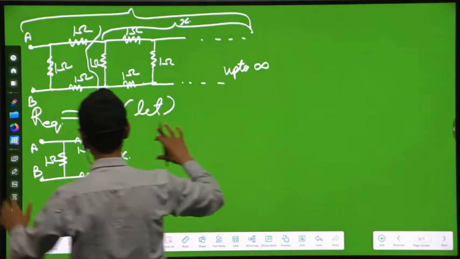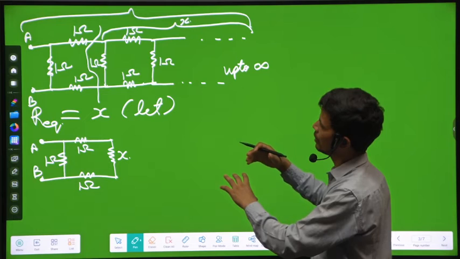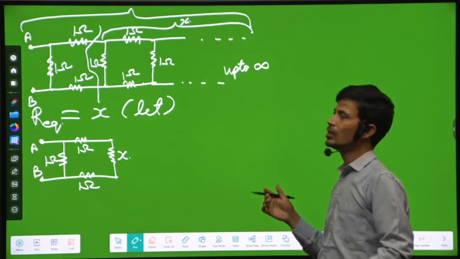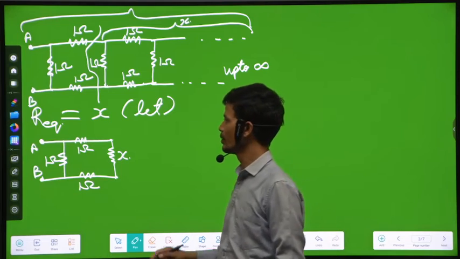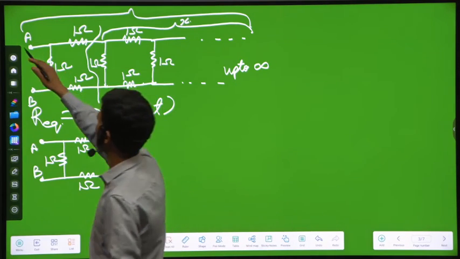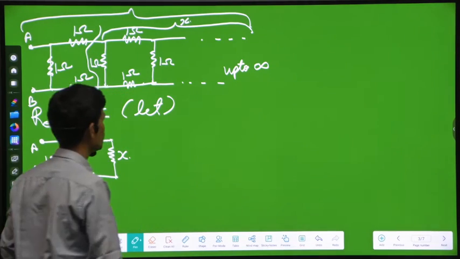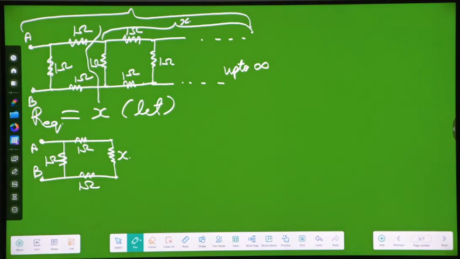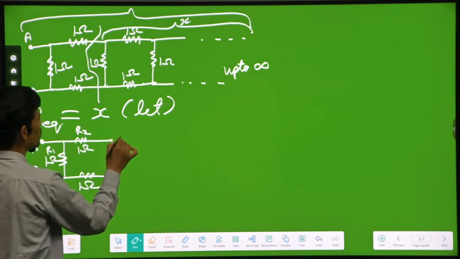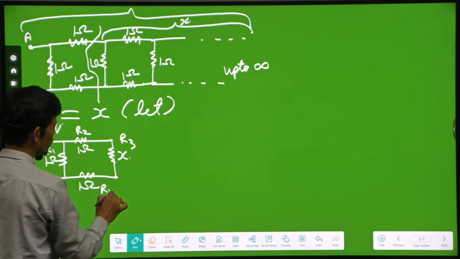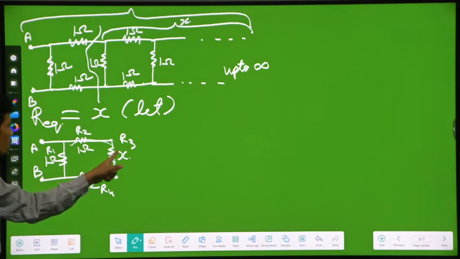Actually, the same unit has been repeated, so we have removed one unit, and for the rest of the units we have assumed that the resistance is X. So if this entire value is X, this value is also X. Now this is R1, this is R2, this is R3, this is R4, out of which R2, R3, R4 are in series.